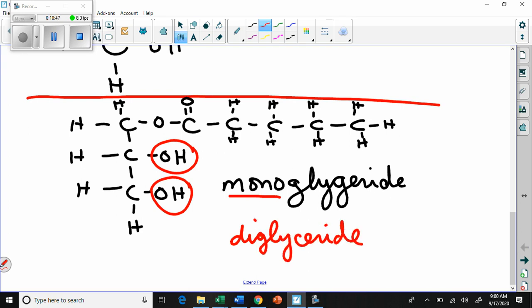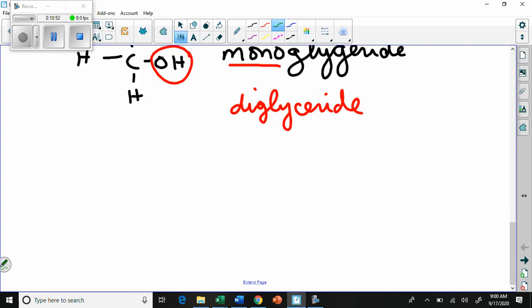And if you had three of them, guess what? All three would be a triglyceride. So there's those three different names, mono, di, and tri. It all depends on how many acids are attached, 1, 2, or 3, because there are 3 sites. So far, so good? Okay.